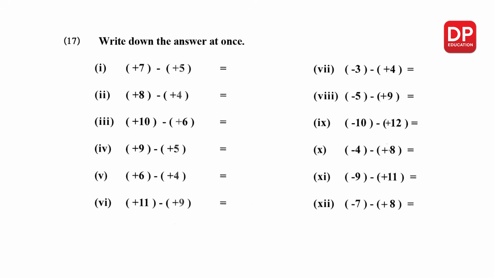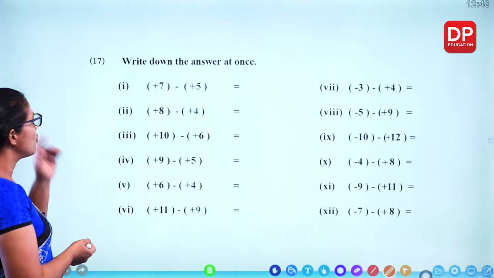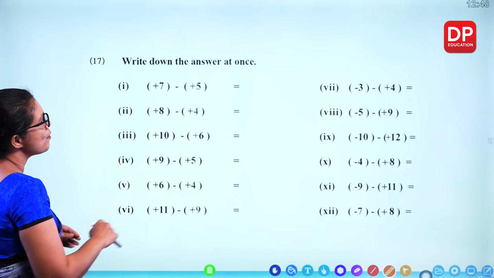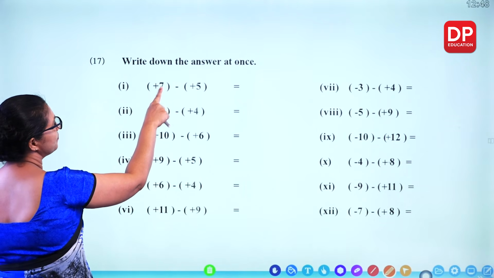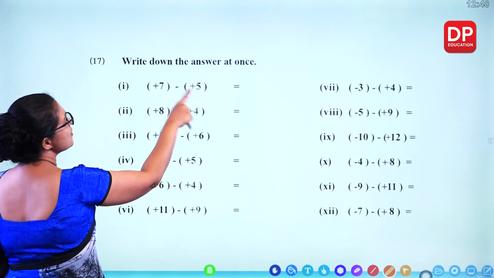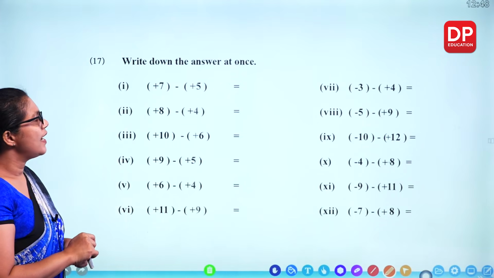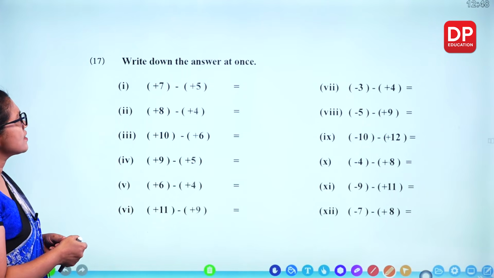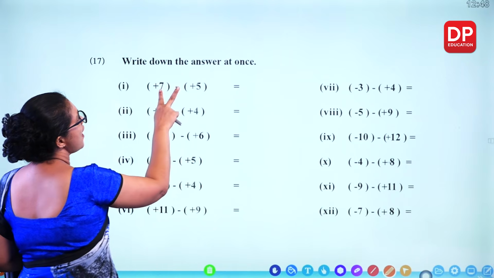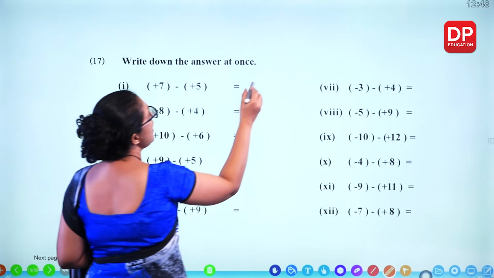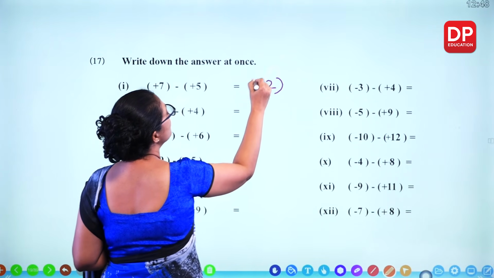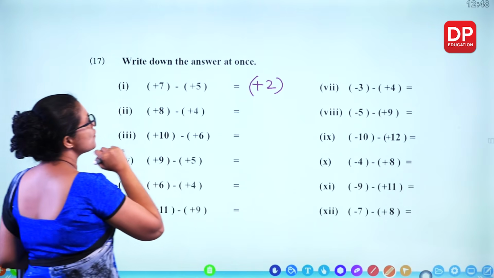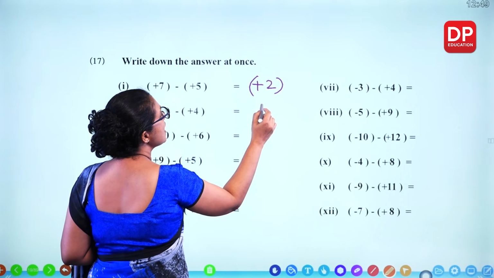Write down the answer at once. Now you know what you have to do. So here 7 and this is positive, both positive, and the subtraction. Just subtract: 7 minus 5 plus 2. 8 minus 4. What's 8 minus 4?